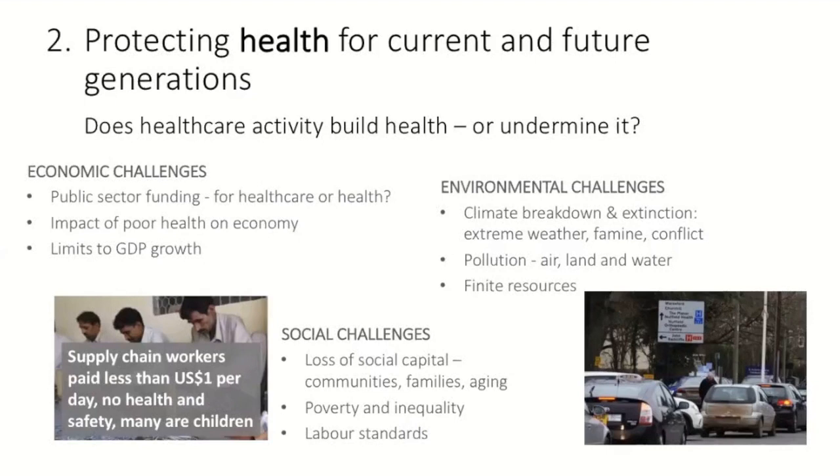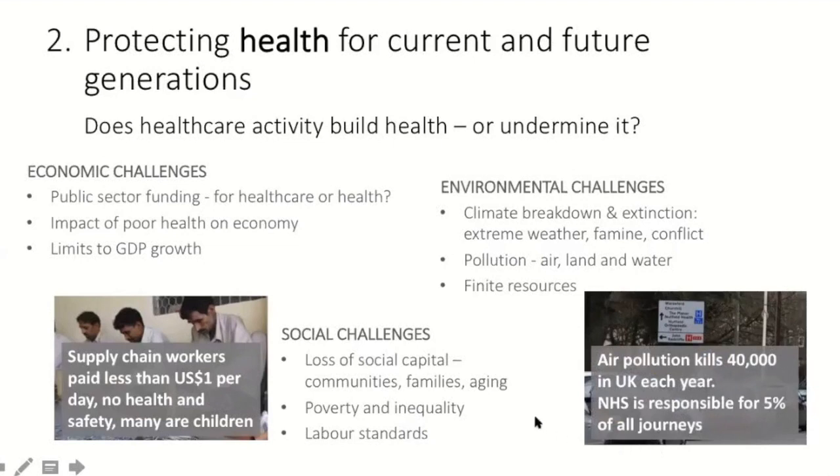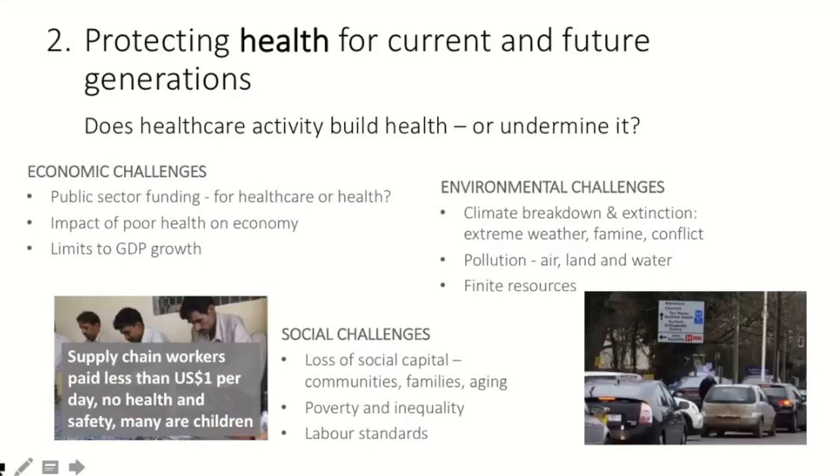It's estimated that there are 40,000 additional early deaths in the United Kingdom from air pollution. But at the same time, we know that the NHS is responsible for 5% of all journeys. And that photo displayed on the screen is rush hour outside the local hospital in Oxford, where I'm sitting today. And it's regularly gridlocked there.